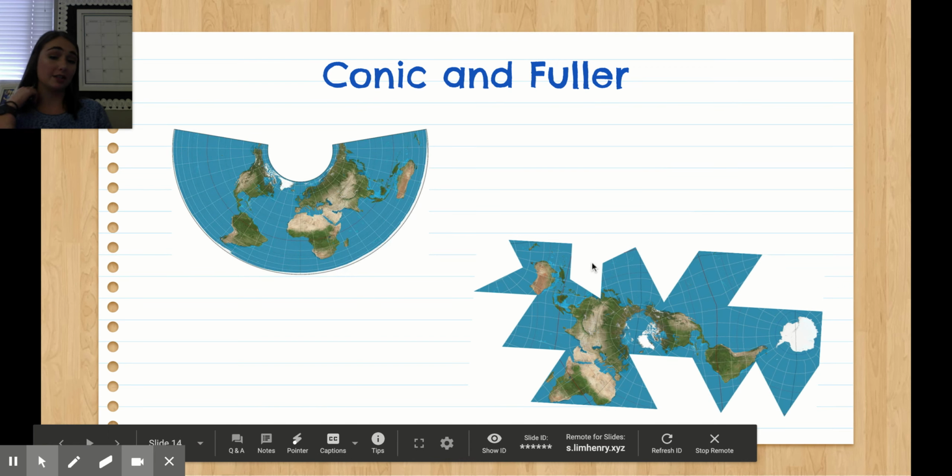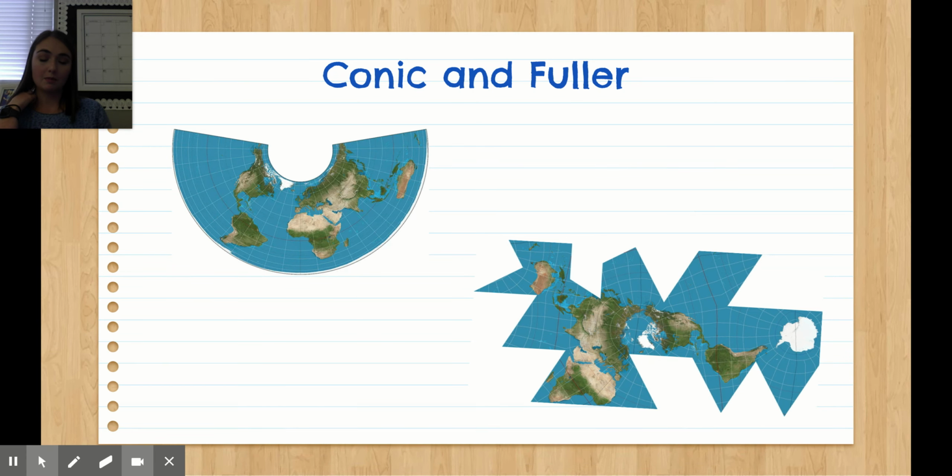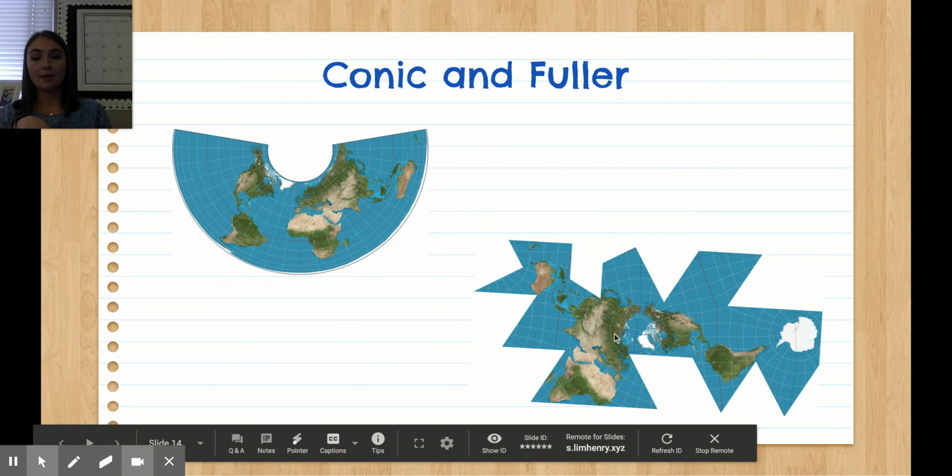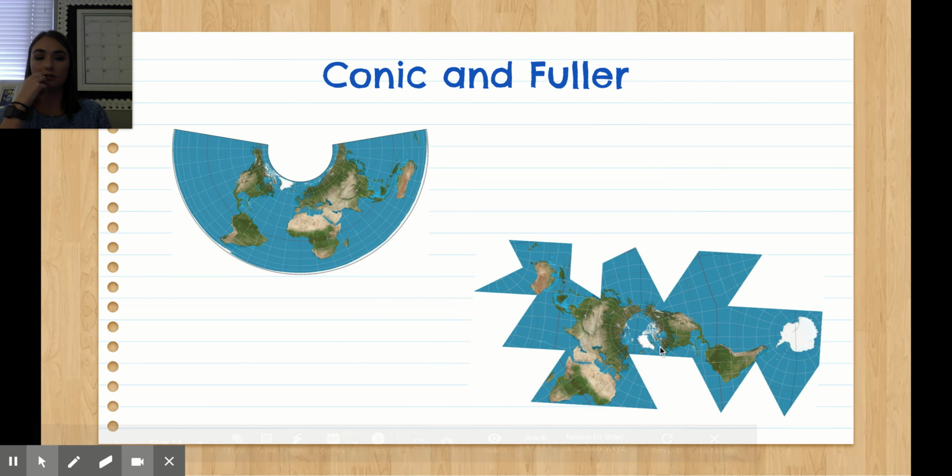You would not want to use this for navigation, obviously, but people like to look at it for things like migration patterns, because the lines don't have to really cross water. You can see how people have moved throughout the Earth.